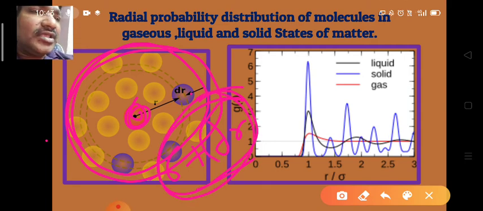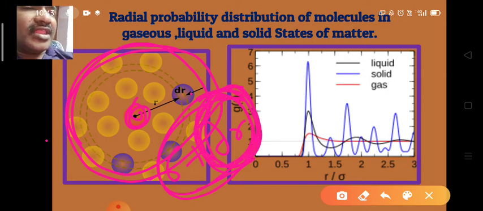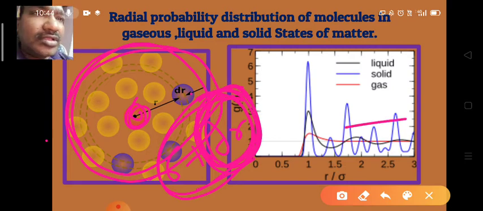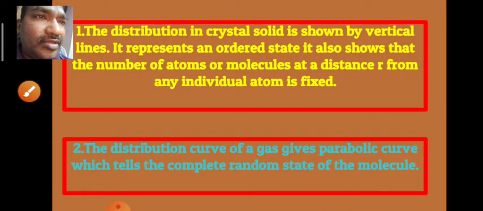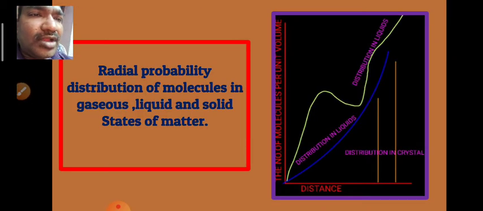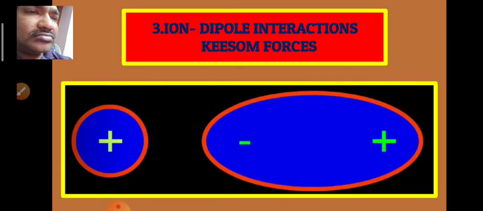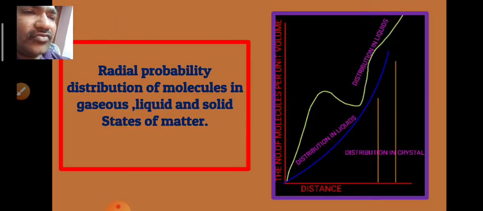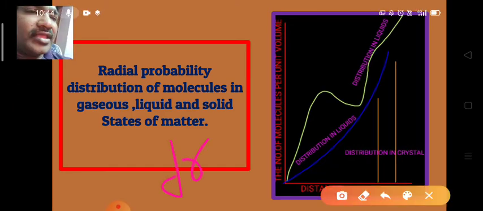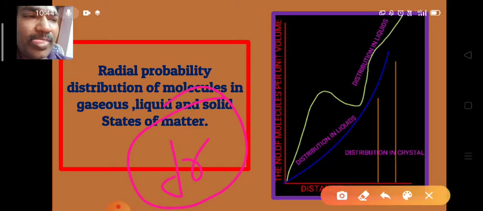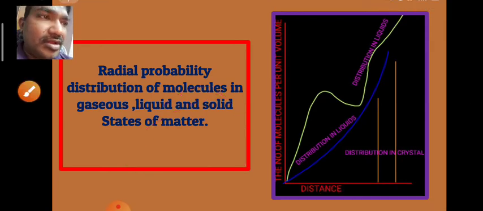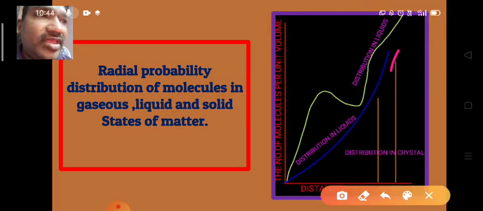That means the number of the molecules that are present in the dr area from a specified molecule, we call as the radial probability.